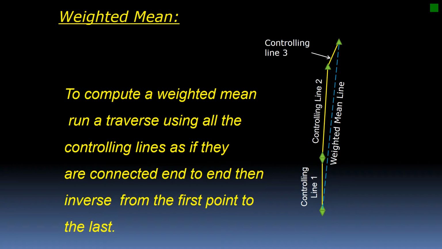We're going to have line 1, and then line 2 at the end of that, and then line 3. We're going to calculate coordinates for all those corners, and then we're going to inverse back to the beginning to get our weighted mean. It's just like running a vector with a vector analysis.